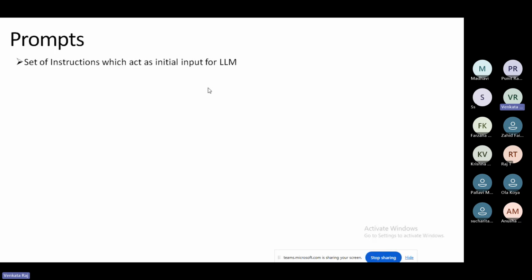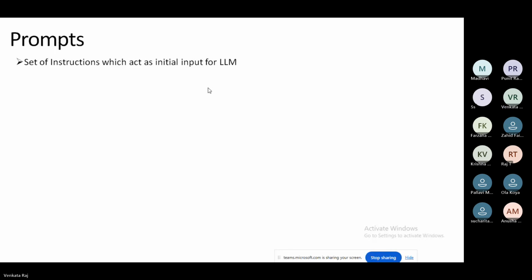So a prompt is nothing but a set of instructions. It can be a task, an instruction, or a question which you are asking the LLM. It is the set of instructions which act as an initial input for the LLM. LLM is large language model.